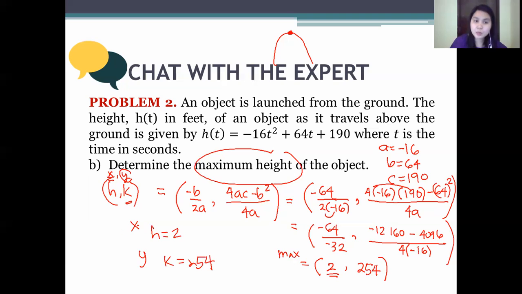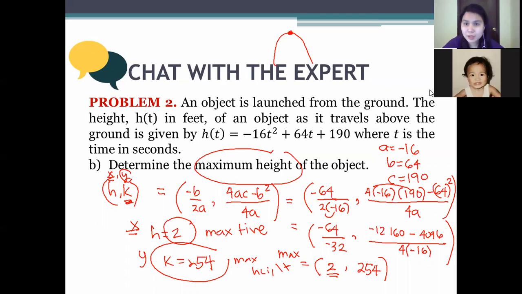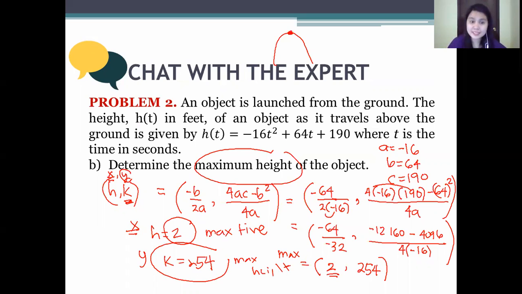Now, what does our x or our t mean? This is the time. How about our k? k is our y. This is our maximum height. So we say after 2 seconds, our ball or the object will have its maximum height.